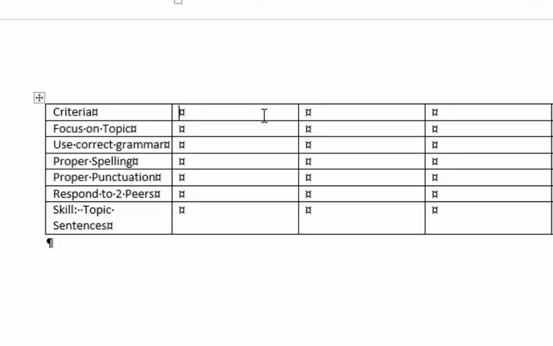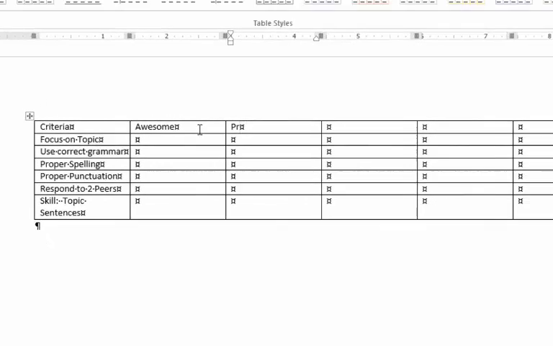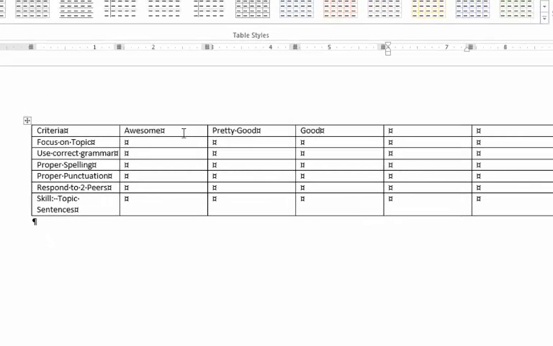So one of the articles that I gave you to read talks about that, and so I think for this one what I'm going to do is my levels of skill are going to be something like awesome, and something like pretty good, and then good, and nearly there, and then maybe let's work on it.